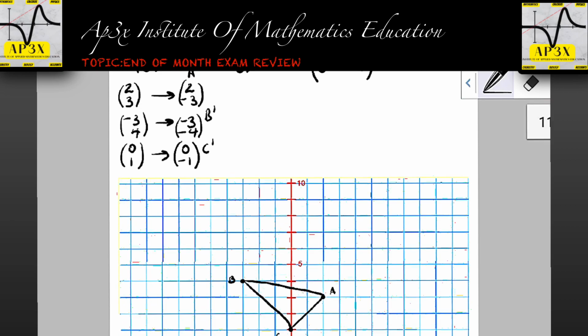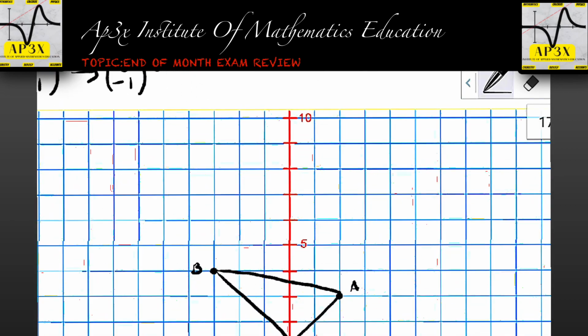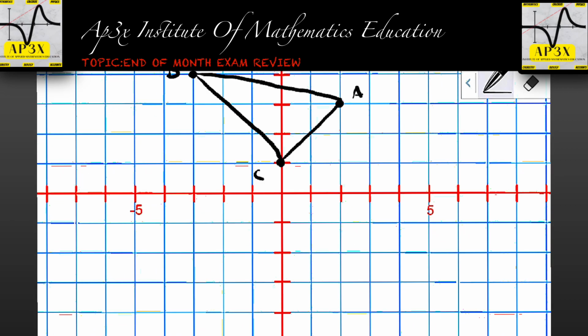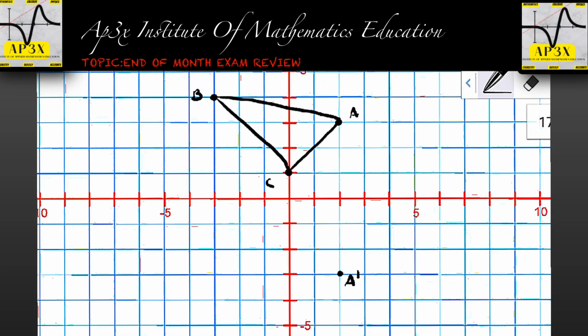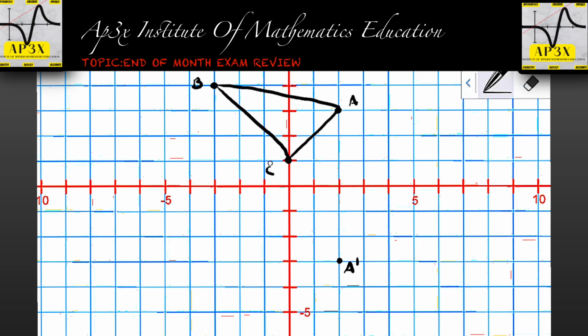Let's go ahead and plot those points. So that's (2, -3): 2 to my right, and 3 down. That's going to be my A prime. My B prime is going to be (3, -4)... that's 3 in this direction and down 4.